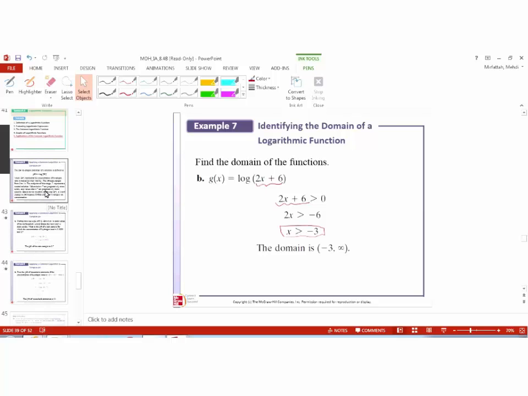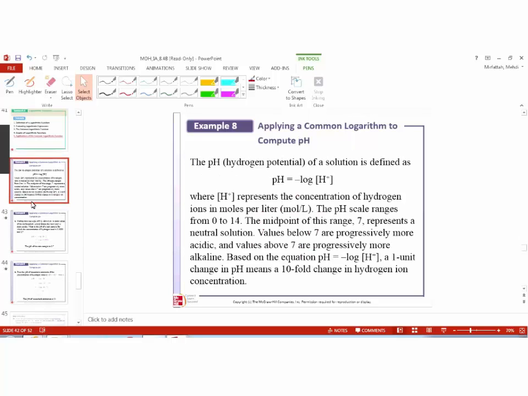Now, one classic word problem that you would see for using logarithm is applying a common logarithm to compute pH. pH is the hydrogen potential of a solution. It is defined as minus log of H+, where H+ is the symbol they use.